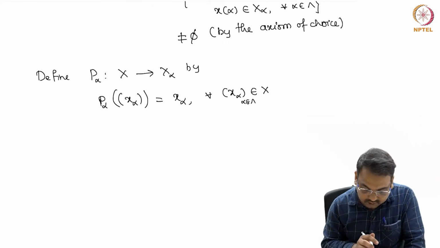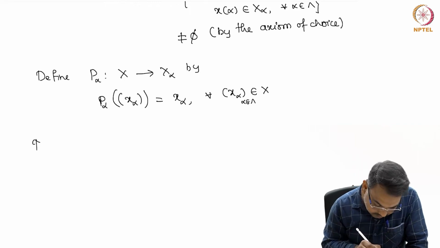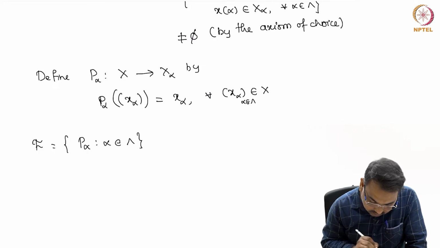This is called a projection onto X alpha. Now collect all these projections, this family of functions p alpha where alpha is coming from lambda.